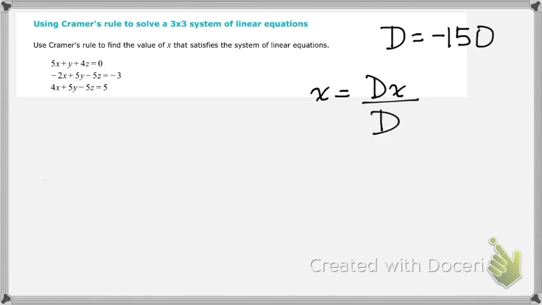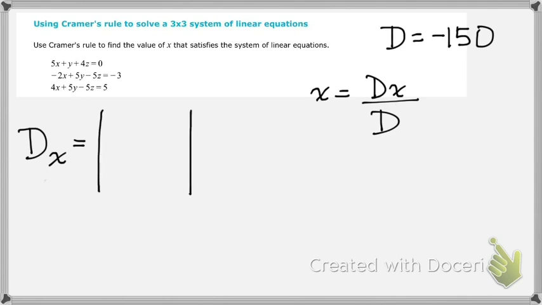That was this determinant that we found here. So we have that D, no problem there. But what's this D sub X? That's new, but we know it's a D. It's a determinant, right? So it's some determinant for X, and it's going to be this determinant.